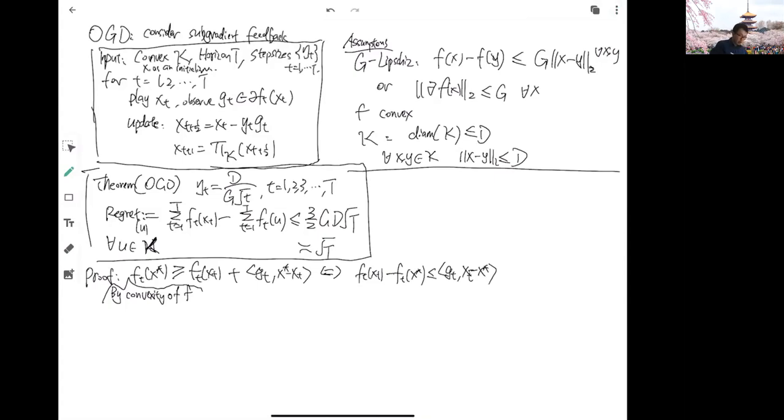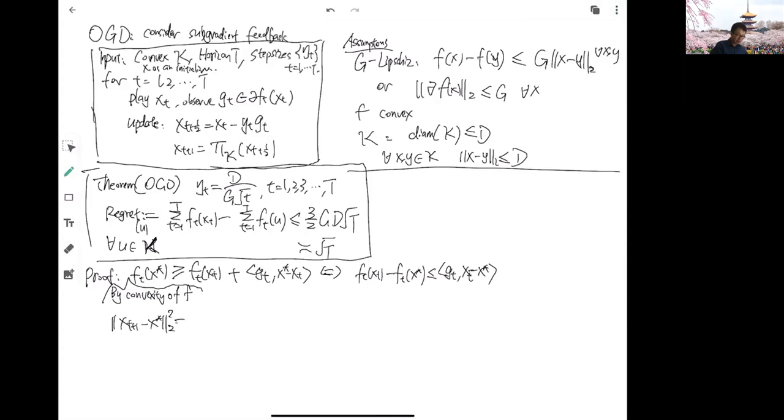Okay, now remember that this is the trick that we used in proving the convergence of gradient descent. That involves working out the square of the Euclidean distance of your current iterate, and then trying to bound the next iterate with the current iterate, and then applying the update rule of the algorithm. So we're going to do the same here.